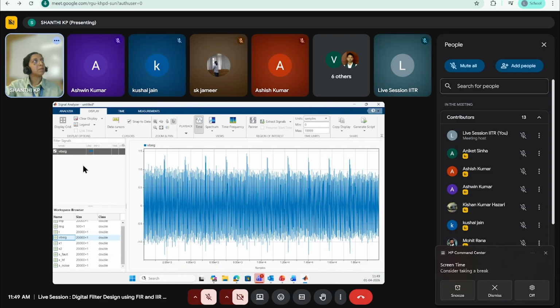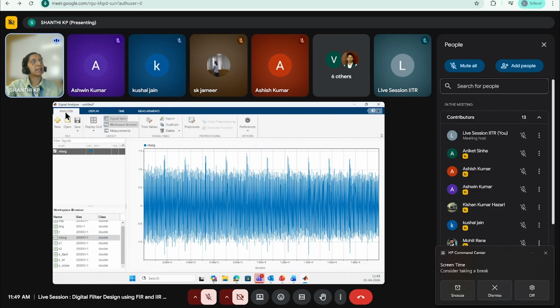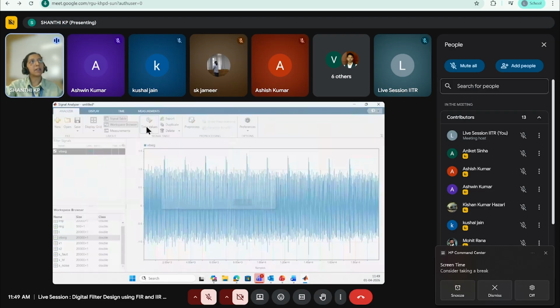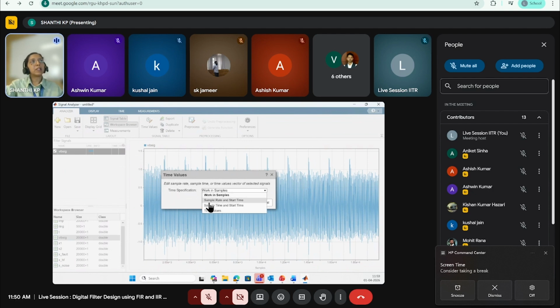So for that, we'll go to the Analyzer tab in the Signal Analyzer and click on Time Values. This will open up a small dialog box. Here, we'll select the second option from the drop-down, that is sample rate and start time.